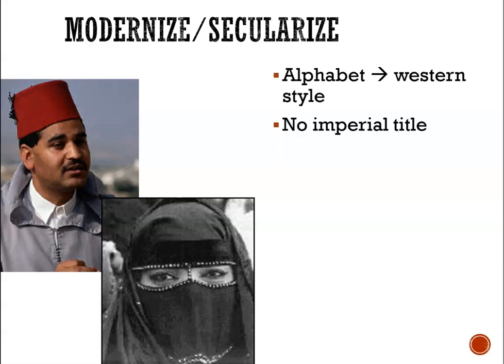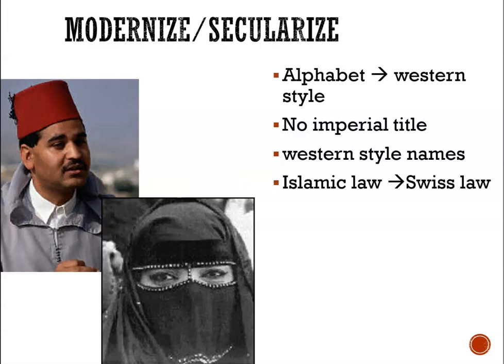You see the fez up there, the red hat the guy's wearing, that is outlawed. The veils are outlawed. They end up getting Western style names, first, middle, and last names, like we do in the West, not the way that was done in the Islamic world. They're going to abandon Islamic law and use Swiss law.